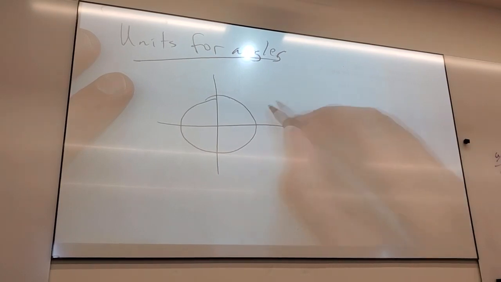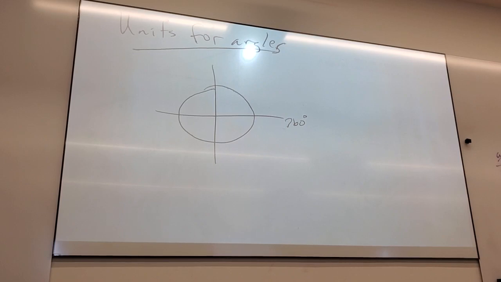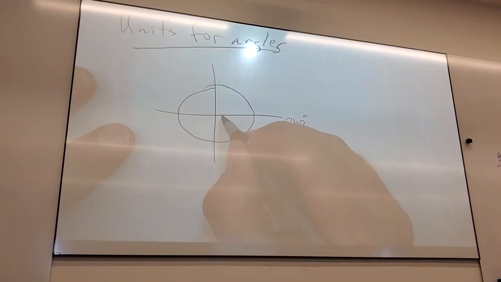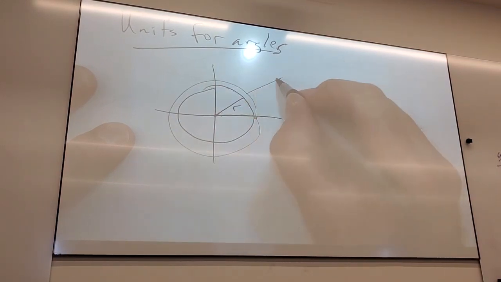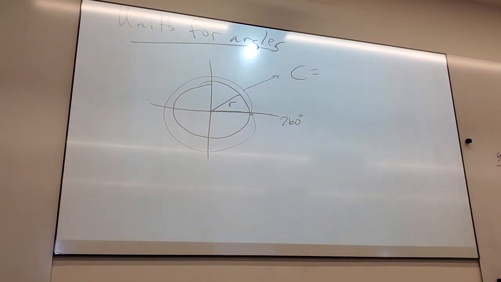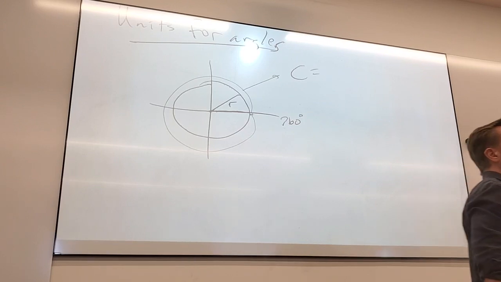Yeah, 360, right? If the radius of this is r, what's the circumference of this circle? Does anyone remember? r squared. Oh, yeah. That's the area. Area is always square units. 2 pi r.